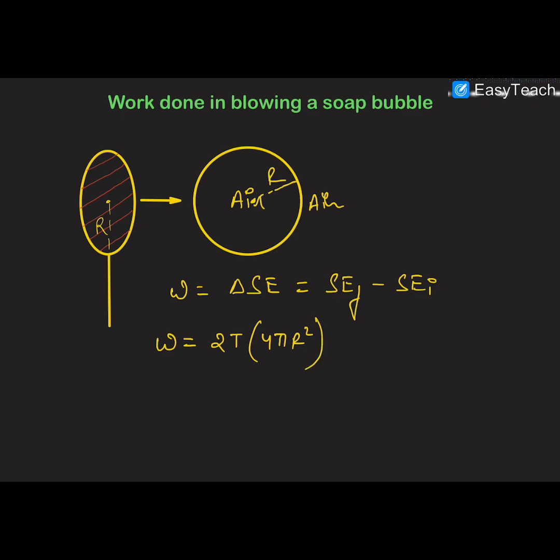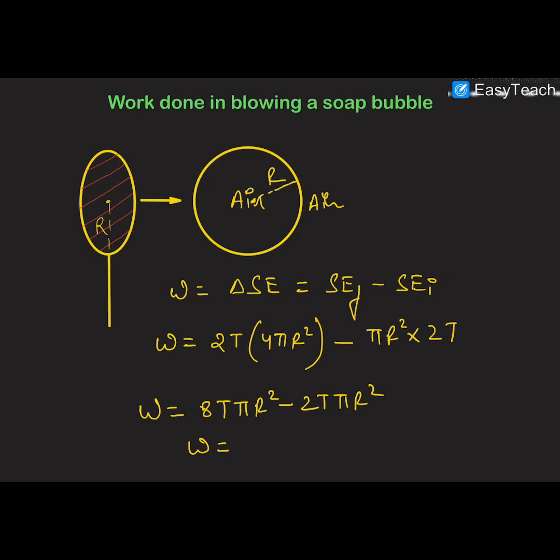So the final surface energy will be 2T into 4 pi r square, minus the initial surface energy, which will be pi r square into surface tension 2T. So you can see that the work done will be 8T pi r square minus 2T pi r square.